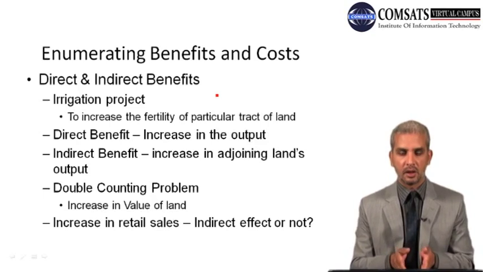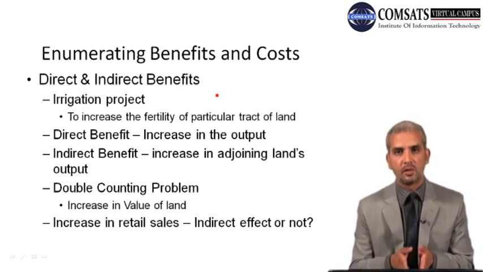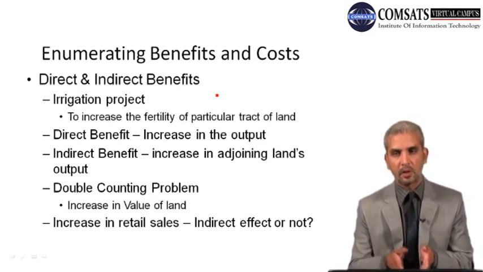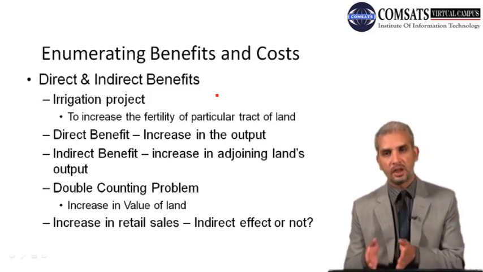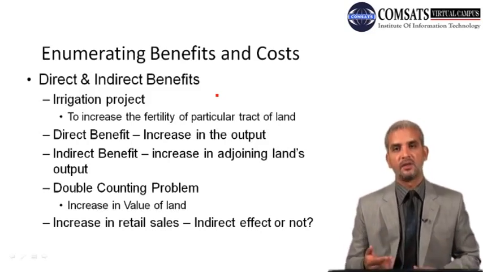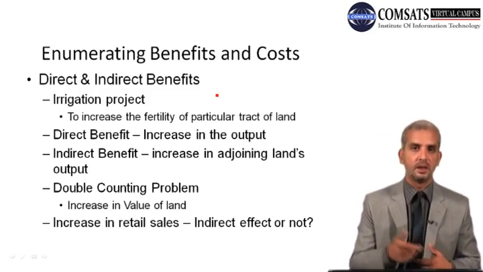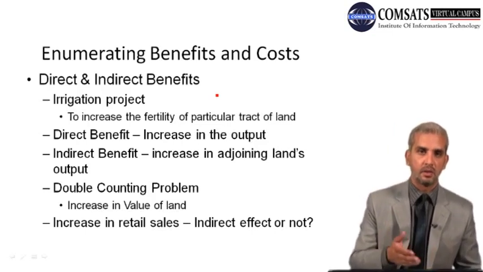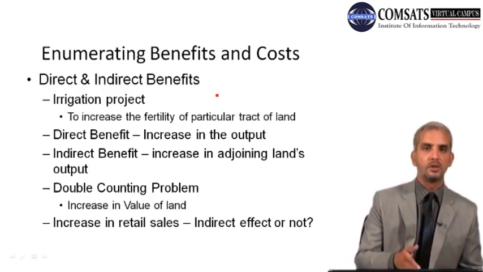Since we cannot price the increased water flow, we use a proxy, which is the increase in output. I hope you understand this. That is why the first direct benefit is the increase in output rather than the increase in water flow, because increase in water flow cannot be priced. So we are using a proxy.